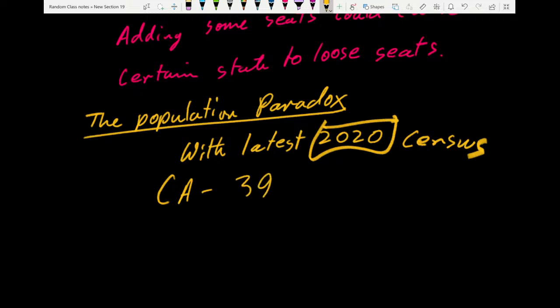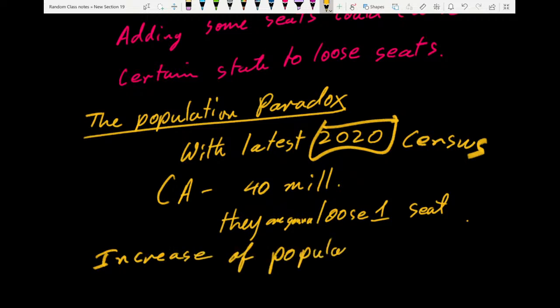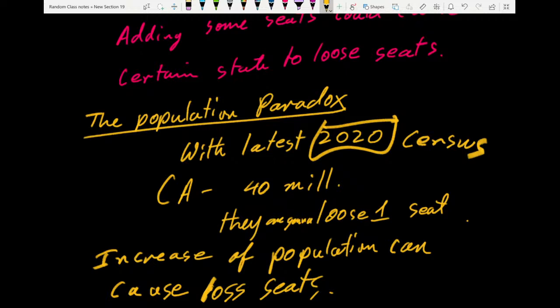So California is almost 39, almost 40 million. Yet they are going to lose one seat. So that's the population paradox. An increase of population can cause loss of seats. So it's not guaranteed.